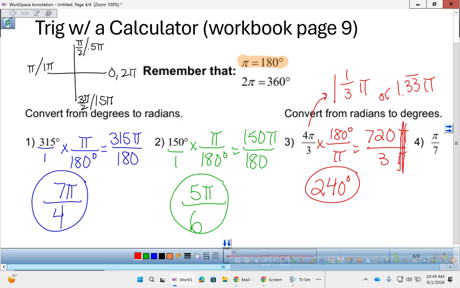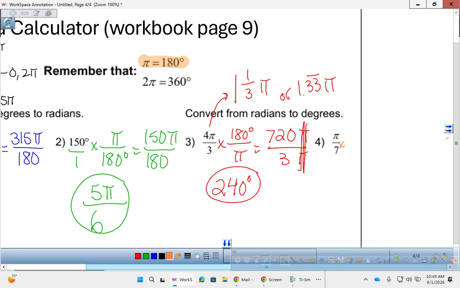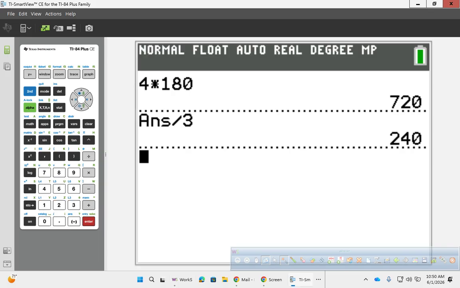All right, so if I'm doing this one, I am going to multiply by 180 over pi. So it becomes 180 pi over 7 pi. Pi times 180, 7 pi, 7 times pi. The pi's cancel out. So I'm just doing 180 divided by 7.